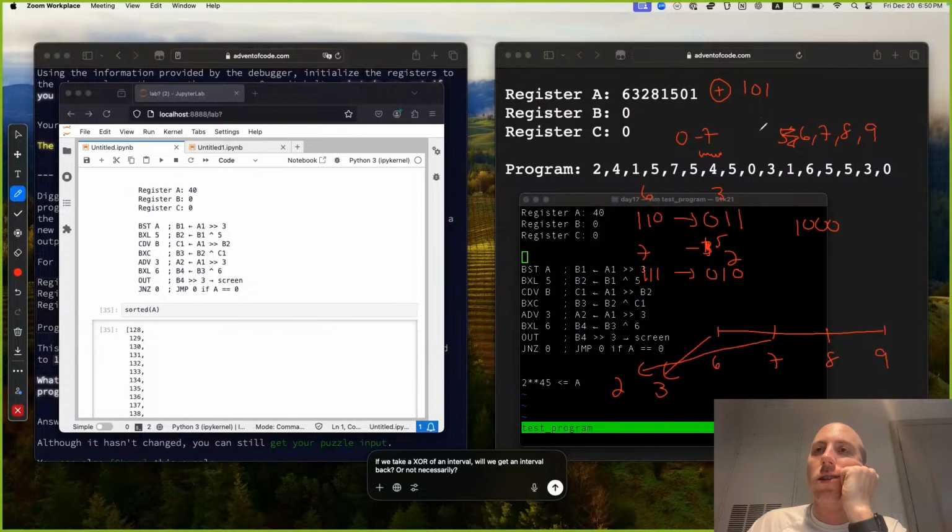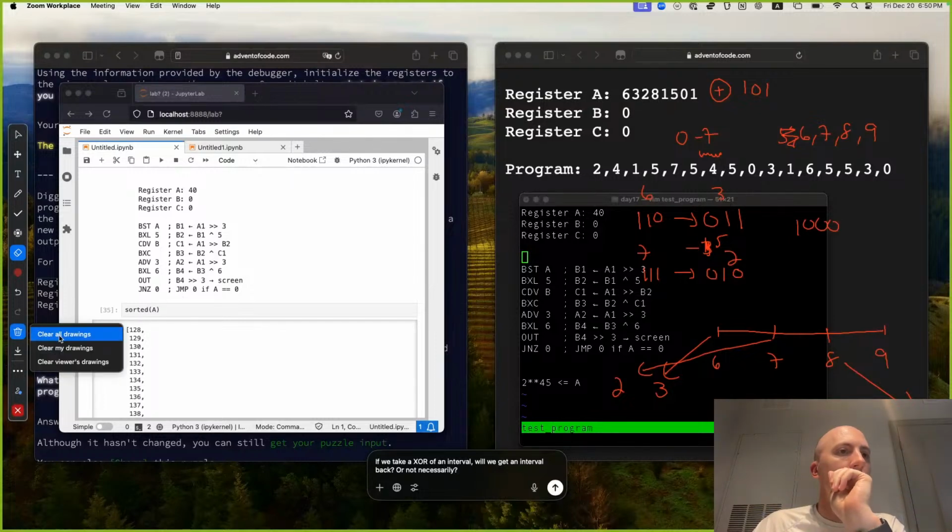So 8 now. XORing with, yeah, so 8's going to go up. I guess that's what we really need to do. We really need to do a full half interval to half interval.